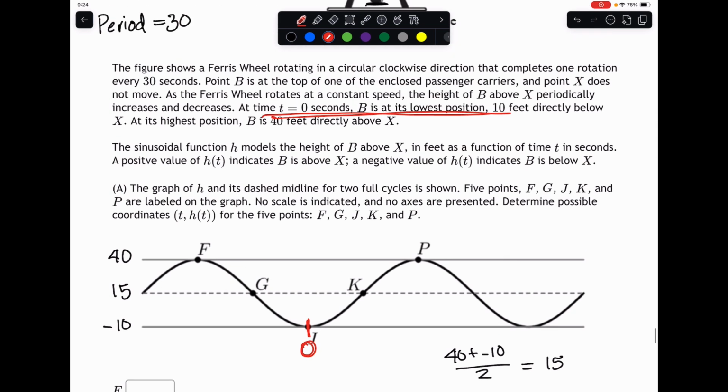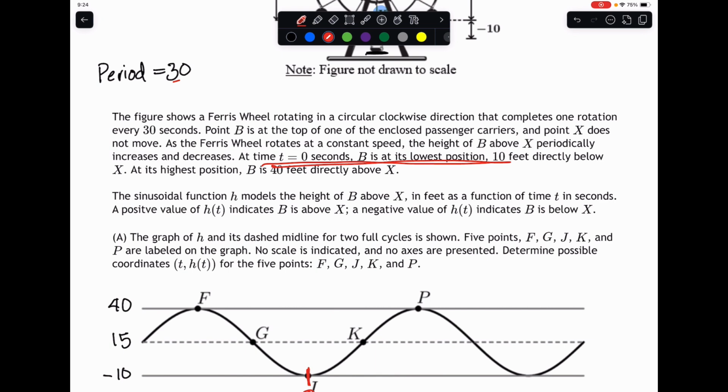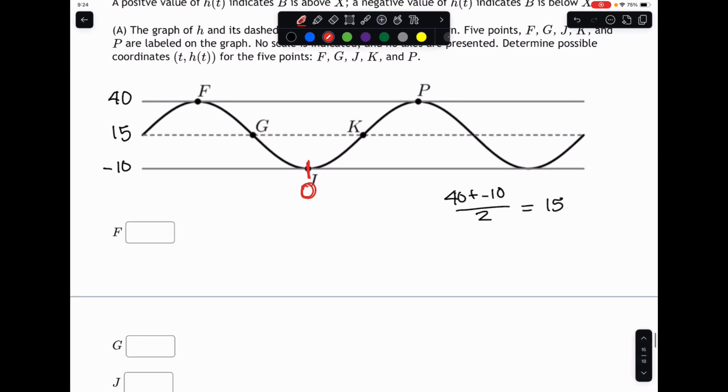Now, since the period equals 30, we're going to need to divide 30 by 4, which is going to be 7.5. So the increments from J to K to P is an increment of 7.5.